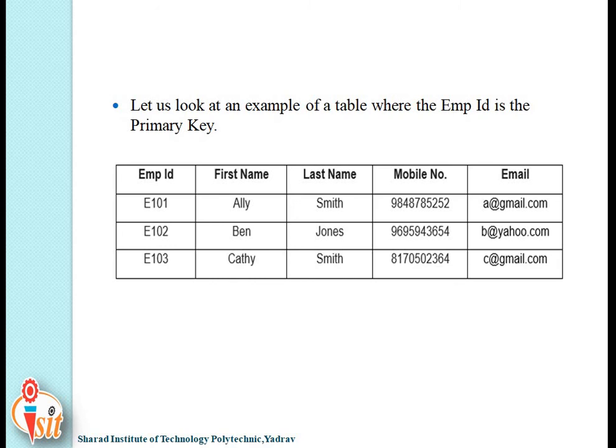Let us take another example, that is a table where employee ID is the primary key. As I told you, a primary key is a candidate key that the database designer selects while designing the database.